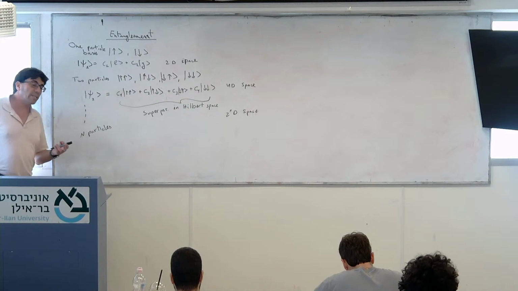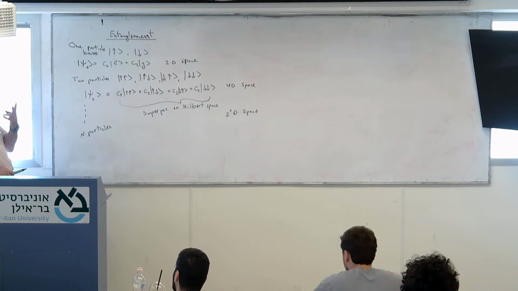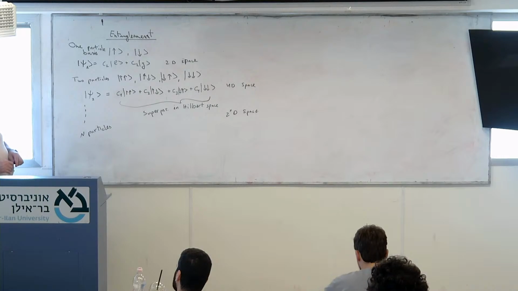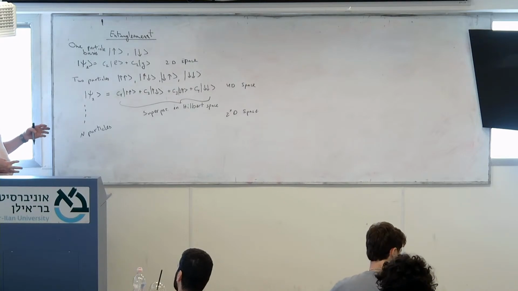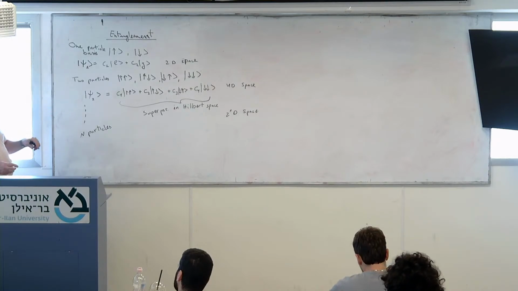So in general, entanglement is a many-body property. Many can be 2. And people say something like, well, entanglement is like inseparability. An entangled state is a state of 2 particles that cannot be written as a multiplication of 2 single particle states.